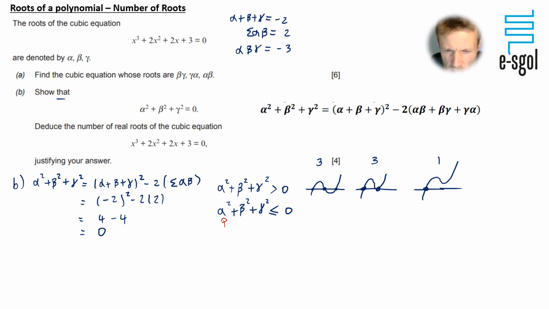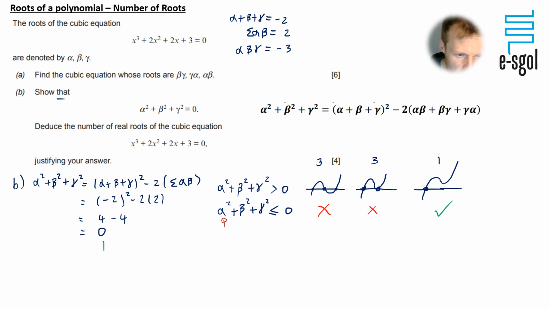Otherwise we're going to get something always greater than 0, and if we're getting something equal to 0 or less than 0, one or more of these must have an imaginary part. Now, because of the shape of a cubic graph, we are not going to be able to get one that looks like this, and we are not going to be able to get one that looks like this. We will only get one that looks like this. So if we have this situation, we will say that there is one real root.